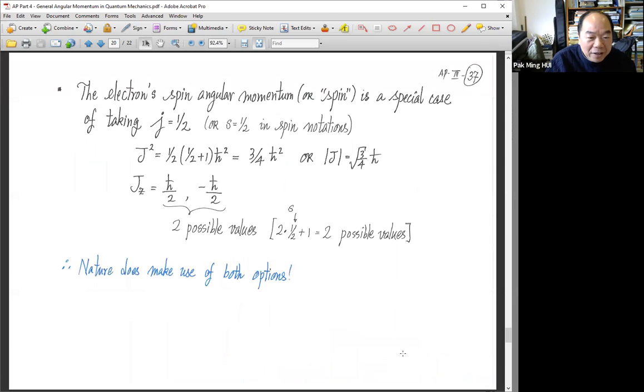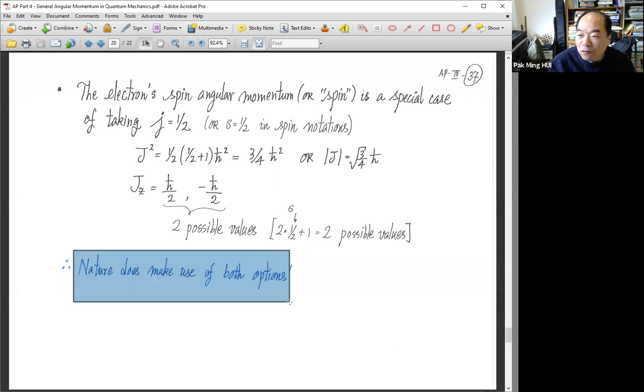Okay, nothing in contradiction with what we just got. We also have spin. Spin takes on this j equals half possibility. Okay, so nature is very clever. It makes use of both options. You have seen it in orbital integer, you have seen it in spin, the half. Okay, but you haven't seen anything else because it's not possible.